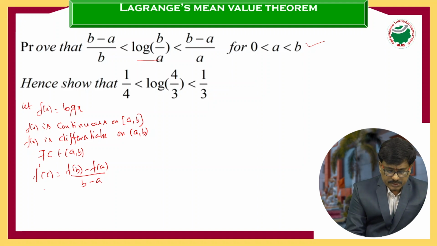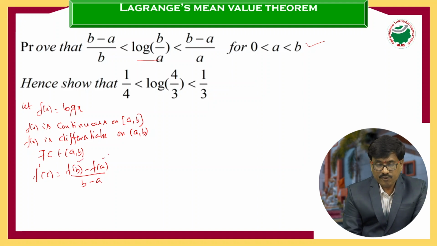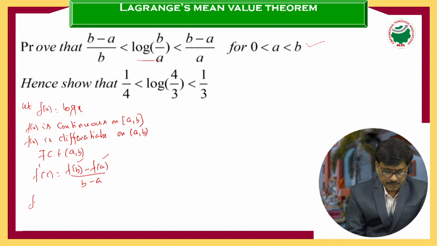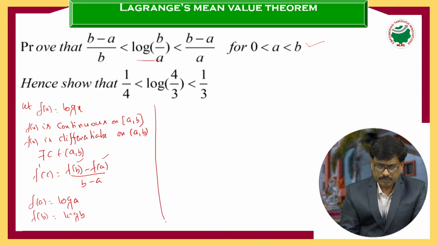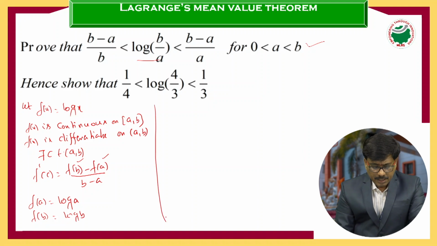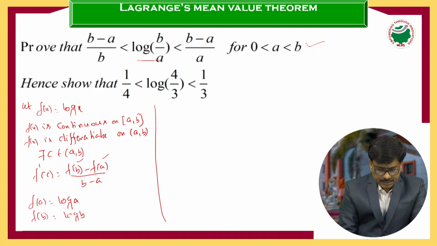For this, we need to calculate the f of b value, f of a value, b value, and a value. Already a is a and b is b in this case, so no need to substitute. f of a equals log a, and similarly f of b equals log b. Now we need to calculate the derivative.